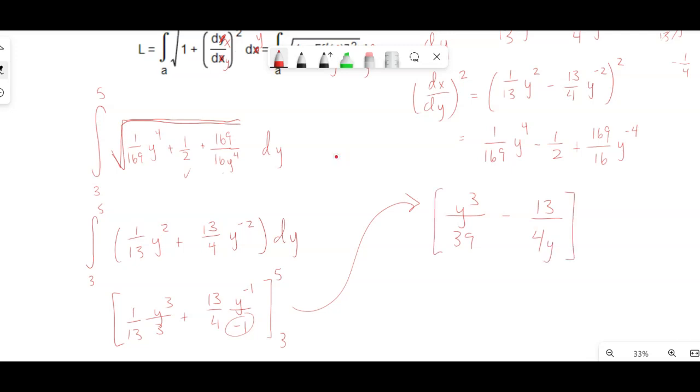Plugging in 5, we get 5 cubed over 39 minus 13 over 4 times 5. Now plugging in 3, but subtracting. Remember, we always subtract when we plug in the bottom. So minus 3 cubed over 39, and minus a minus will be plus 13 over 4 times 3. Then plugging all that in, I get 383 over 130 as that arc length.